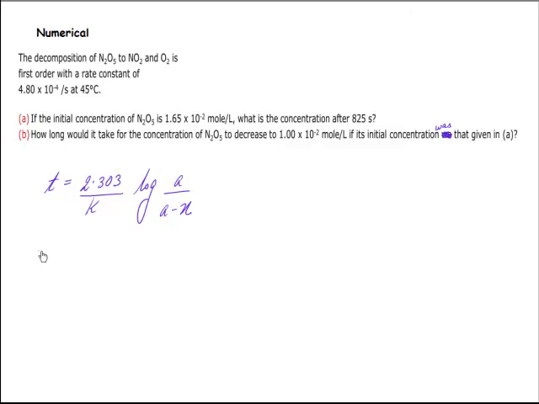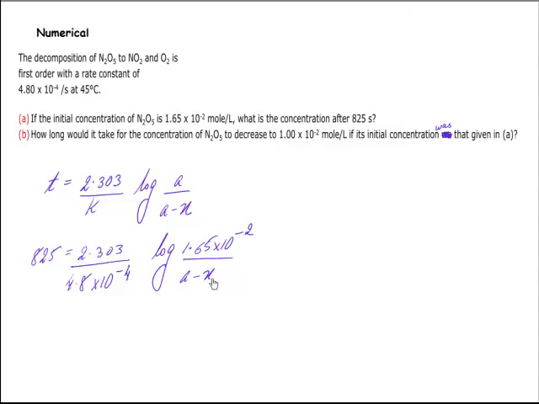So let's take time as 825. The value of k is given to us as 4.80 into 10 to the power minus 4, log of 1.65 into 10 to the power minus 2 upon A minus X, which is the only unknown for us.